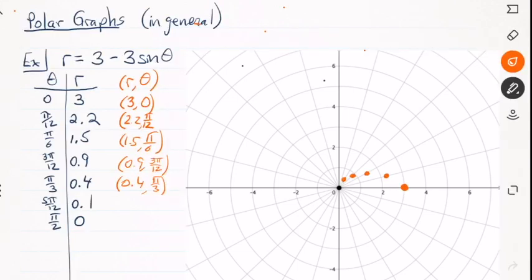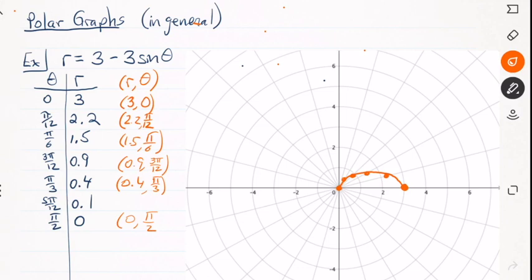And then 0.1, which is almost at the origin. And then we get down here to (0, pi over 2). This is our terminal side, but that's not going to matter because we're not going anywhere along that radius. We're literally at the regular xy origin. So this would be the first part of this graph. It looks something like that.